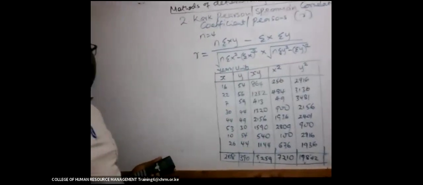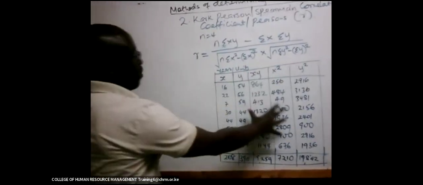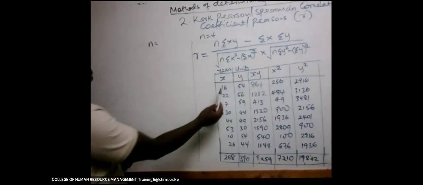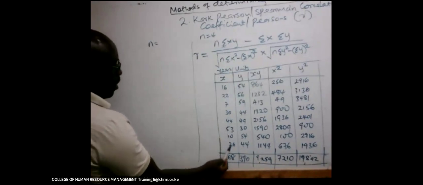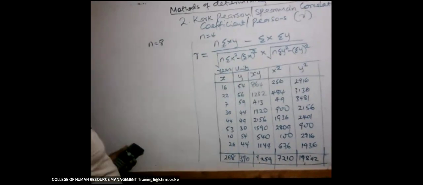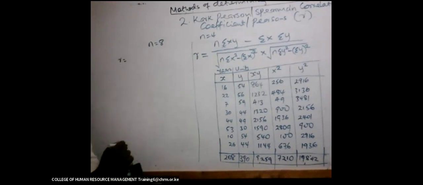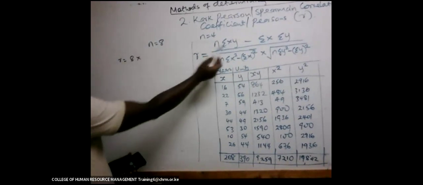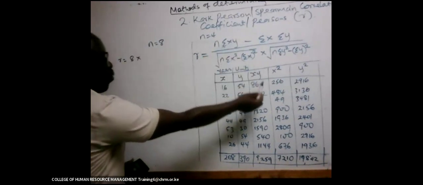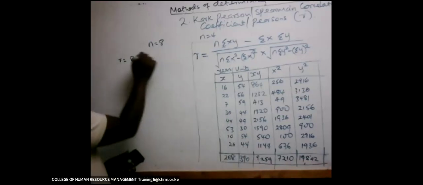Once you have done that, it is now a matter of replacing the values that we have in the formula. So here we know our n, the number of pairs. It is 1, 2, 3, 4, 5, 6, 7, 8. Our n is 8. So our r would be equal to, you take n, which is 8, you multiply by the sum of xy, where the sum of xy is 9259.